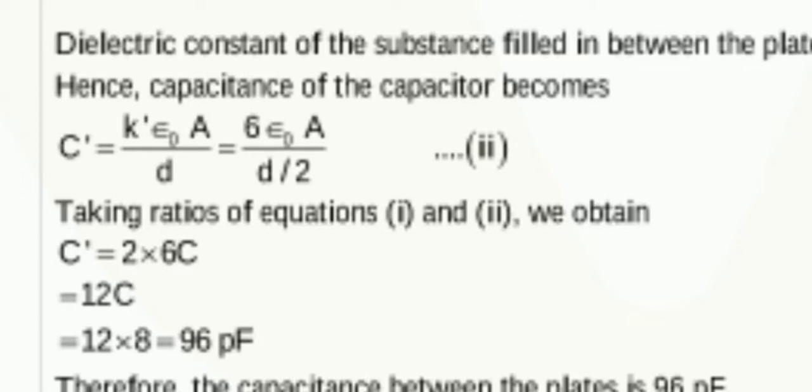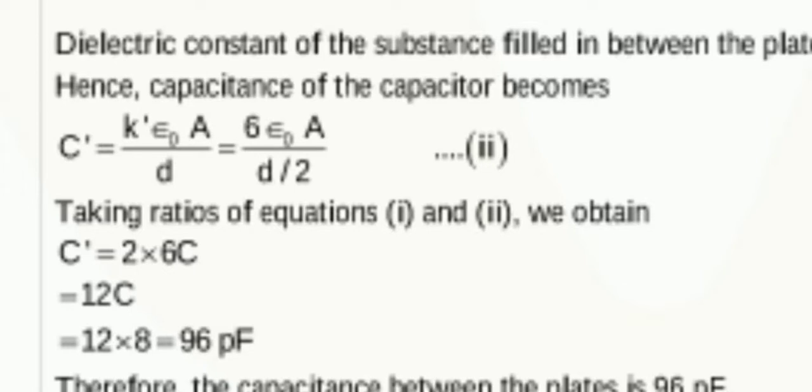And what about D? It's given in the question that the space between the plates is decreased by half. So instead of D, we have to put D by 2. Let's call that equation number 2. Now let's divide equation 2 by equation 1.